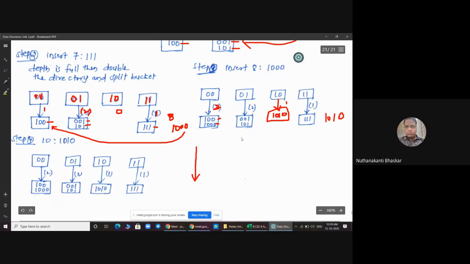Once again, if this problem comes, it means it is out of the global depth. Then again your buckets are going to extend.